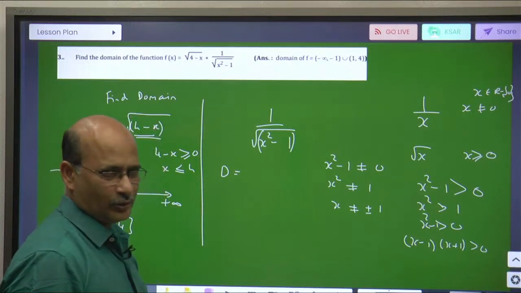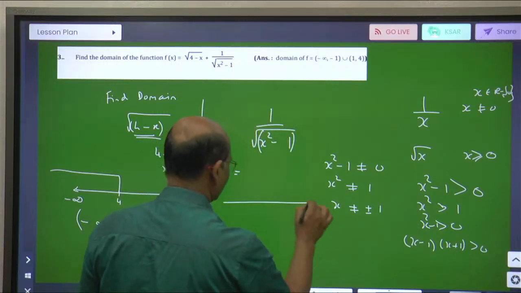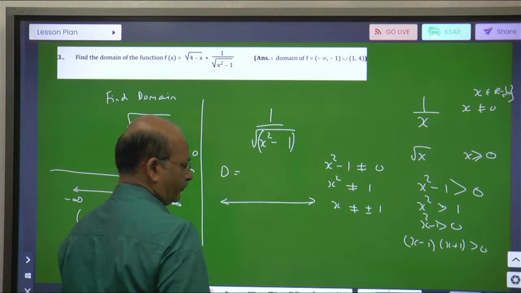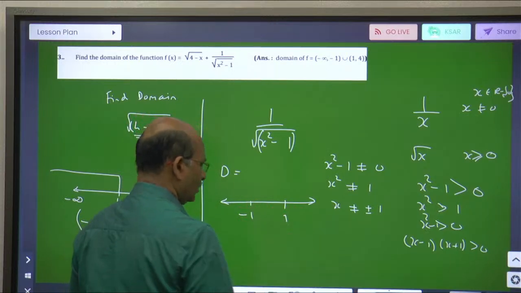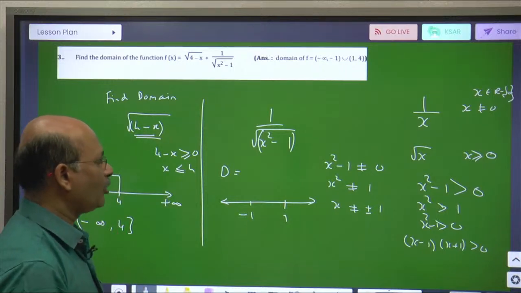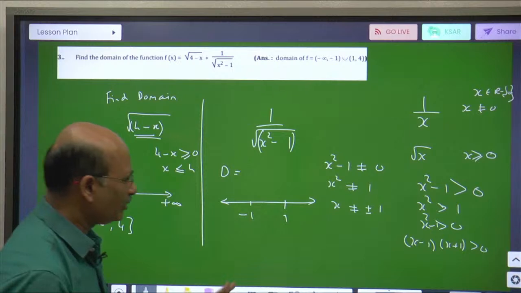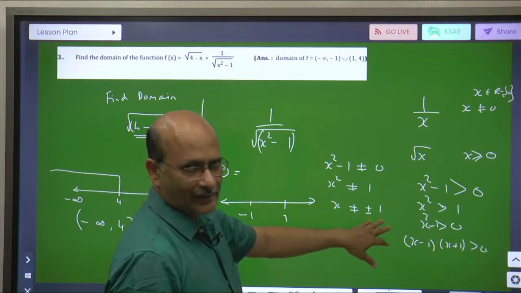You want me to tell you the shortcut now? Shortcut means I'll just tell you how the domain is formed. Okay, just see. Now minus 1, write in ascending order, plus 1. There is a thing called testing method, but there is no need to complicate this thing. So x cannot be plus 1 and minus 1, I mean to say.